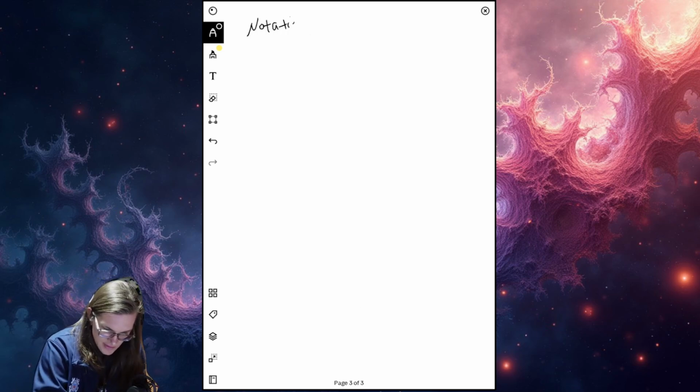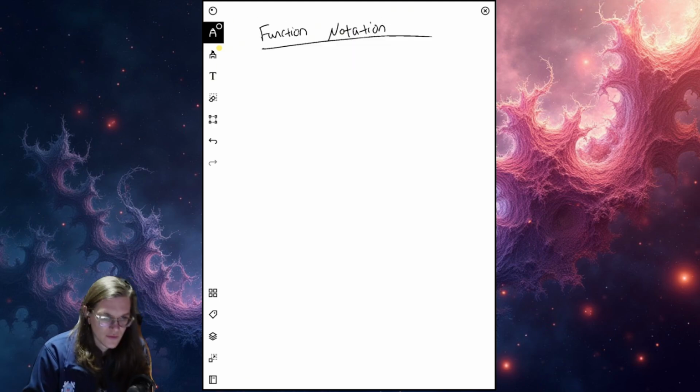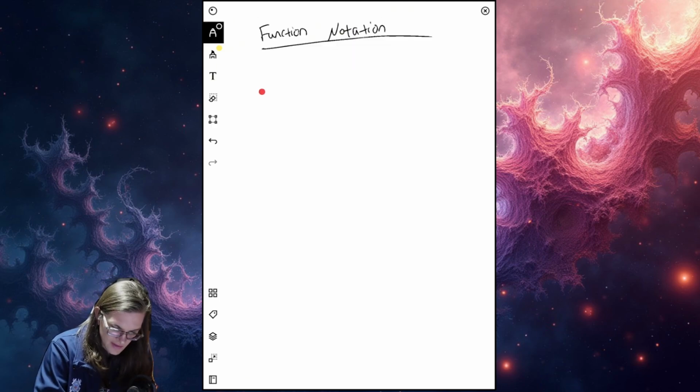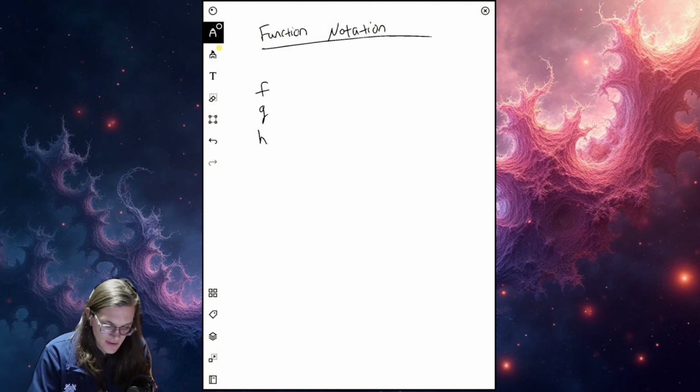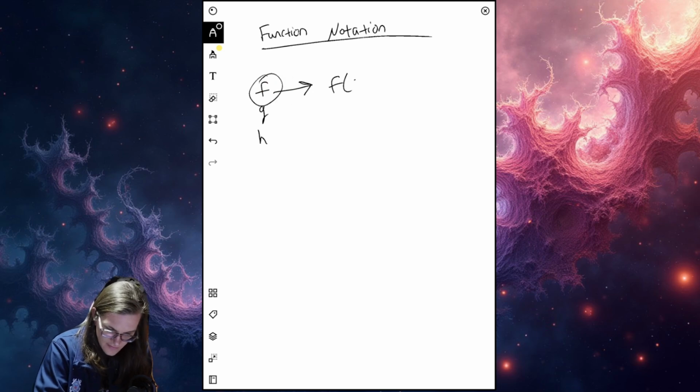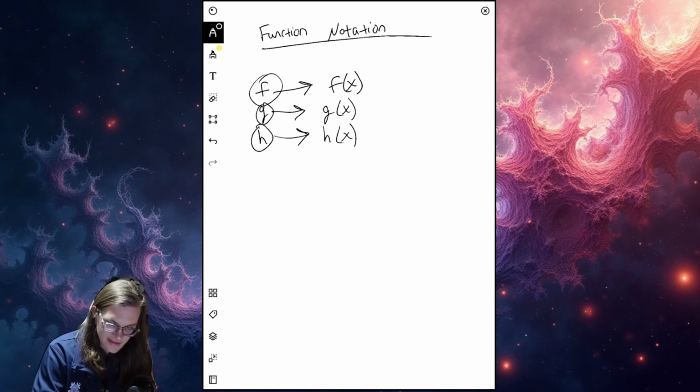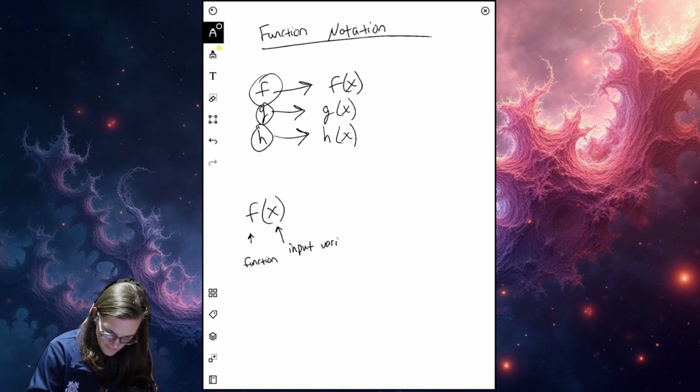Okay, so notation. Let's call it function notation. Functions in math can be labeled with all sorts of variables: f, g, h. Sometimes we don't write it, but this f actually secretly means this if just f by itself is ever written. And the same goes for g, and the same goes for h. The way to say this is f of x, g of x, and h of x. So what does that mean? Well, this f is the function, and this x is the input variable.